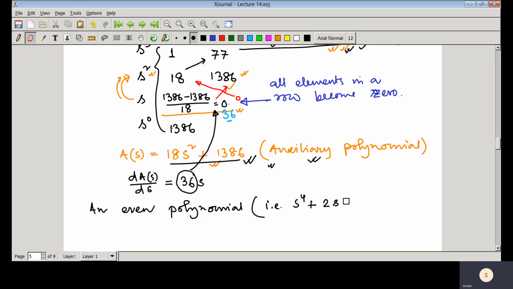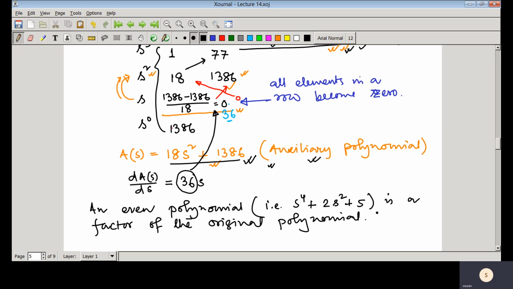So that means here, say s square plus 5, and here you can see that s to the power 0. So this is an even polynomial that is a factor of the original polynomial.